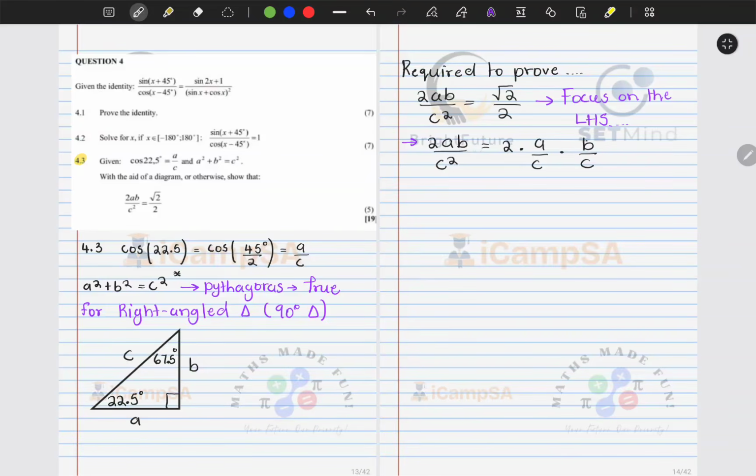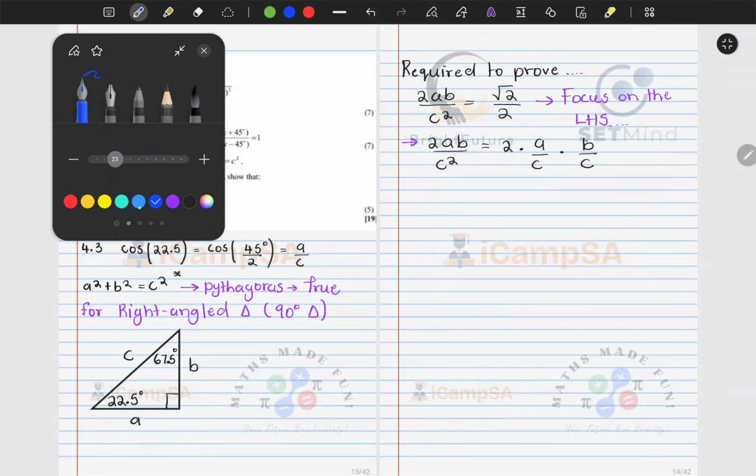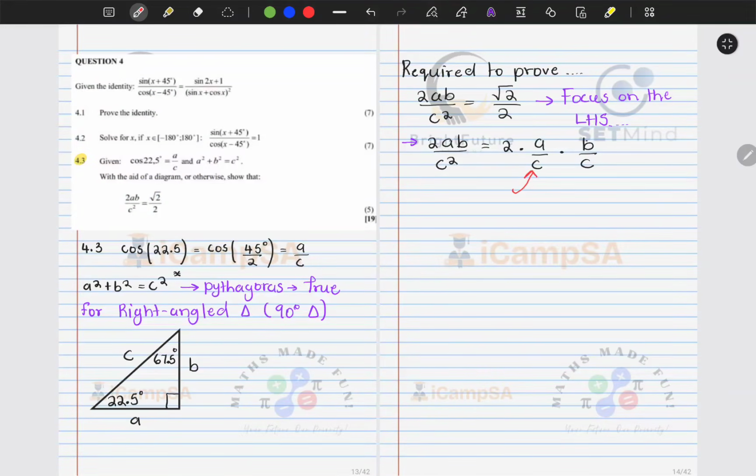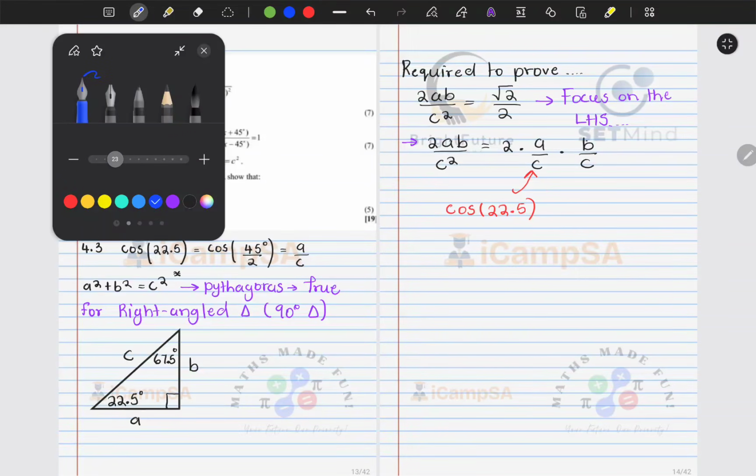Okay, but I need you to remember, when we look at our triangle, that a over c is cos. So a over c is cos of 22.5. That is what a over c is.